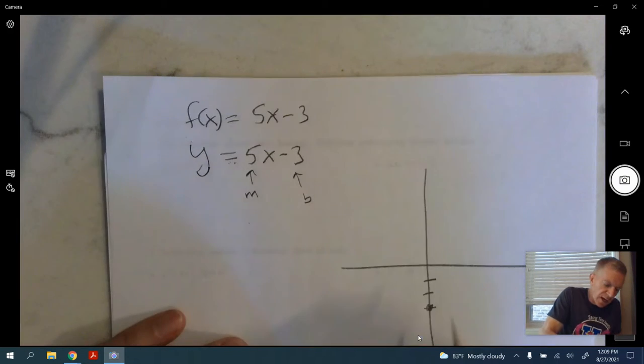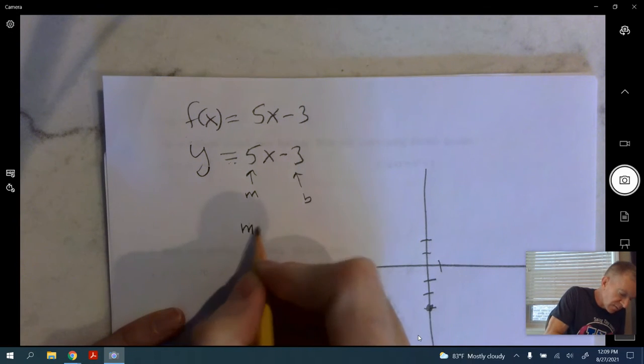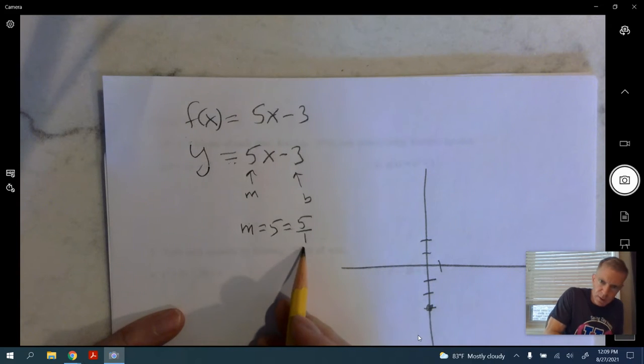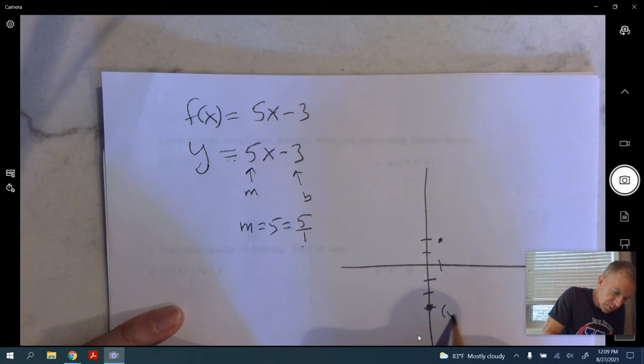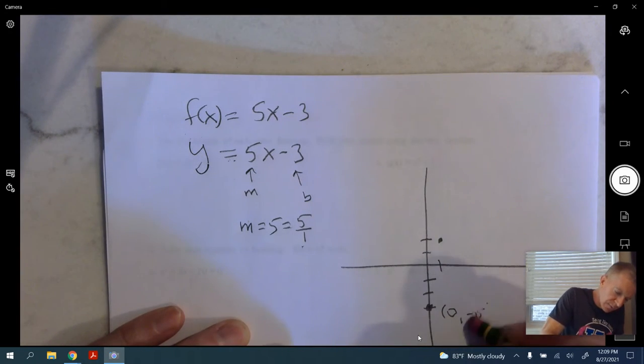Slope is 5, up 5, 1, 2, 3, 4, 5 over 1. Slope is 5, which is the same as 5 over 1. Rise over run, so up 5 over 1. So we've got this point here. This would be the point 0, comma, negative 3.